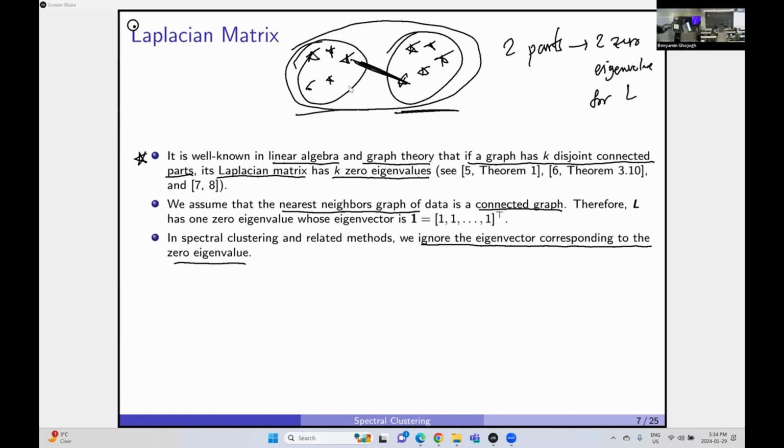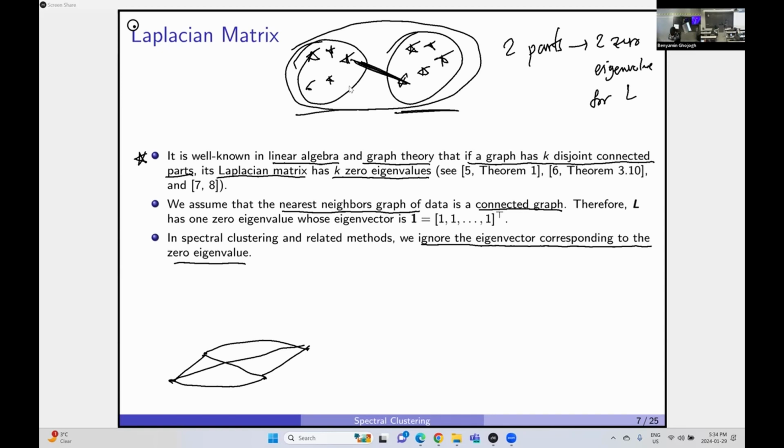So if you set k to be n, the number of points, then that happens, right? But a one part graph means that, for example, this is a one part graph, right? It only has one part. It's not disjointed. But a fully connected graph would be something like this. Okay, that's the difference.